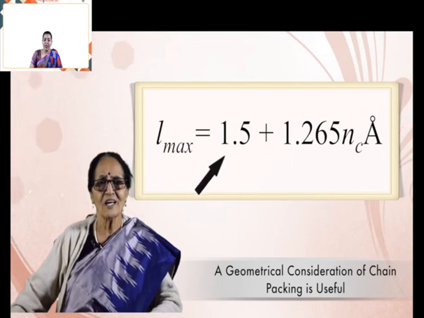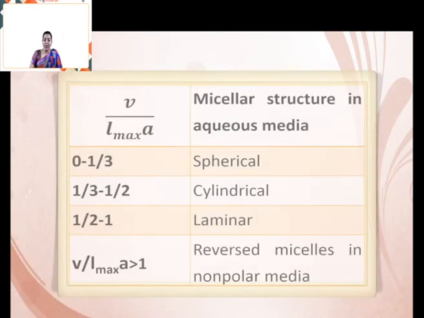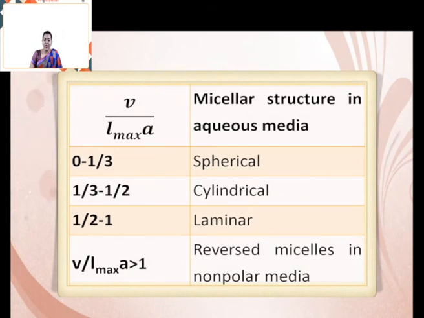Therefore, for a fully extended chain, l max is equal to 1.5 plus 1.265 Nc angstrom. The table represents the correlation between the parameter and the structure of the micelle.